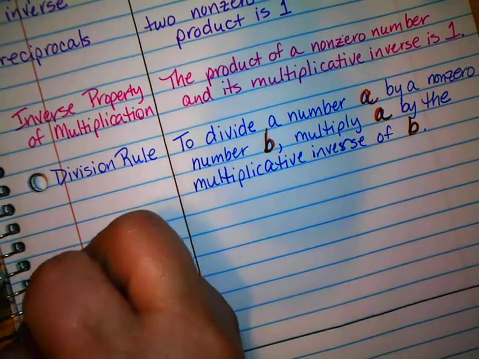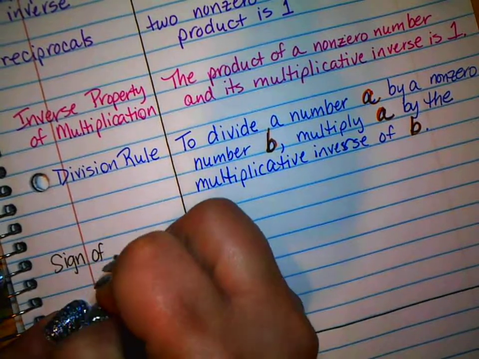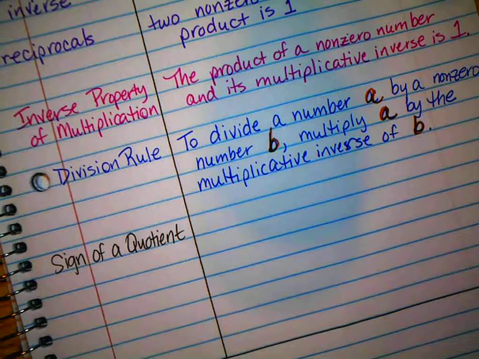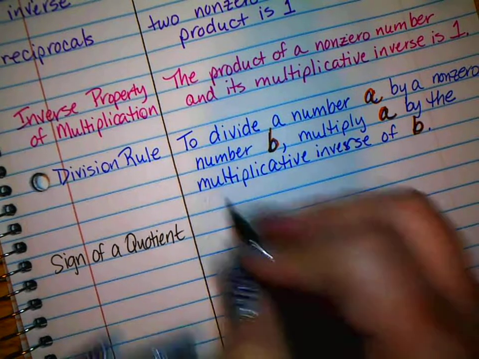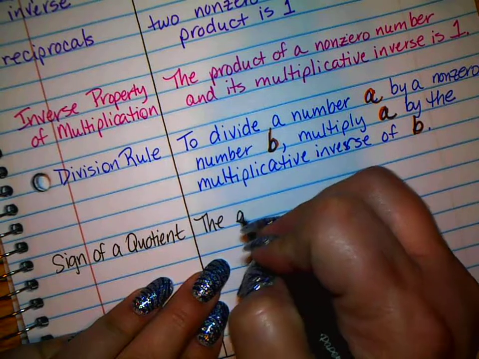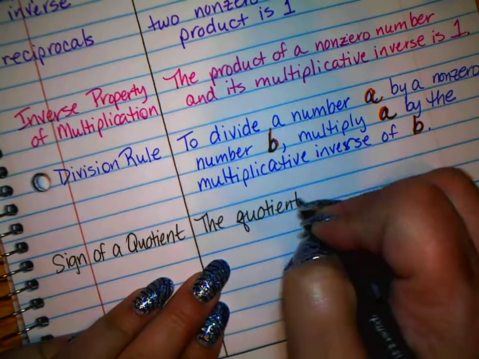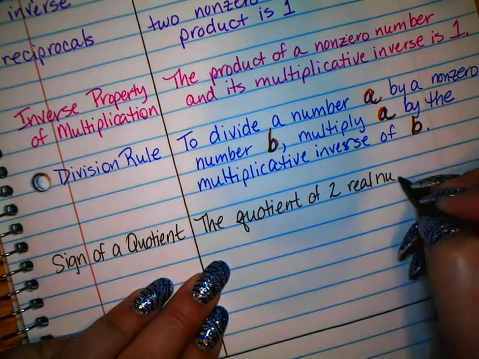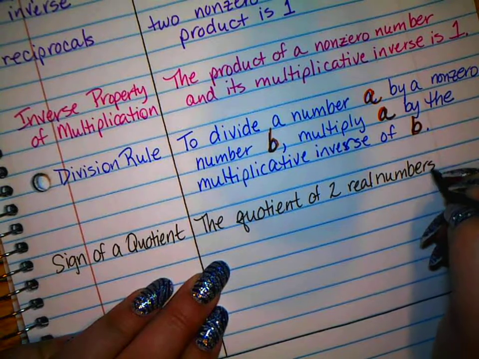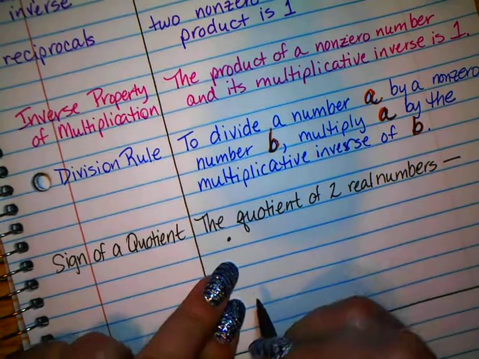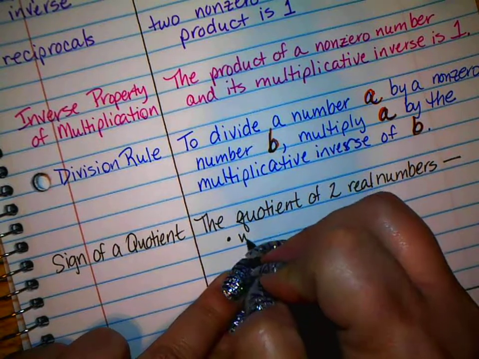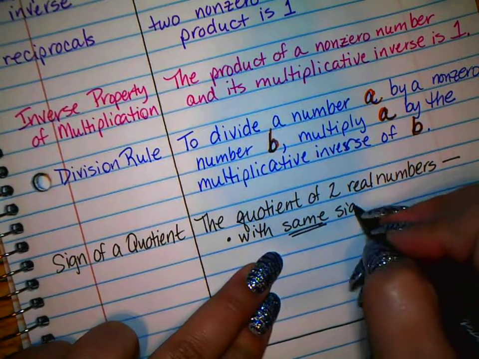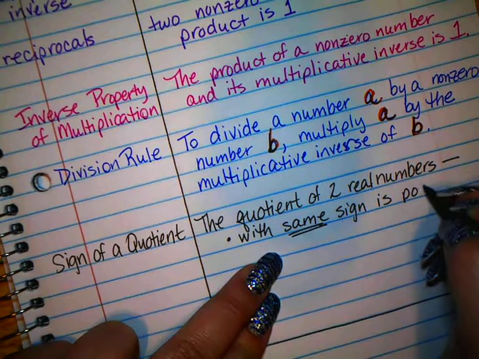Sign of a quotient. If you have two real numbers with the same sign, the quotient is positive.